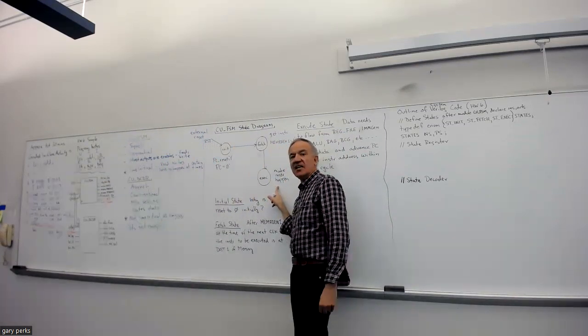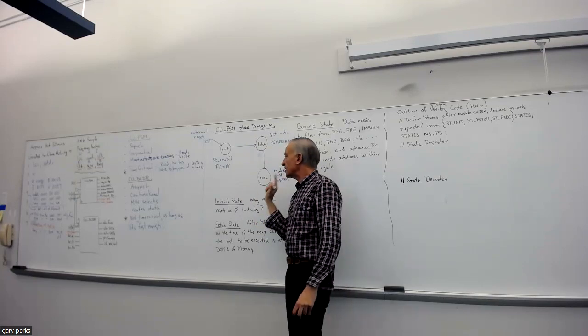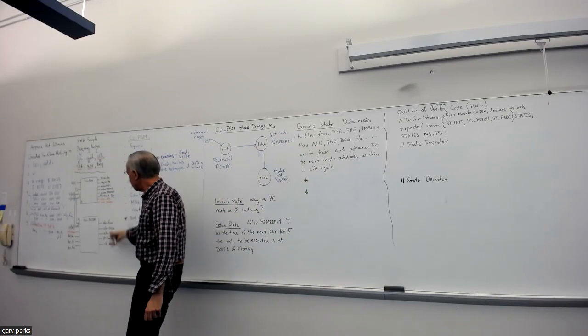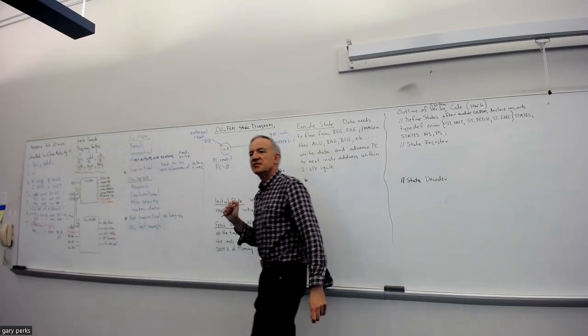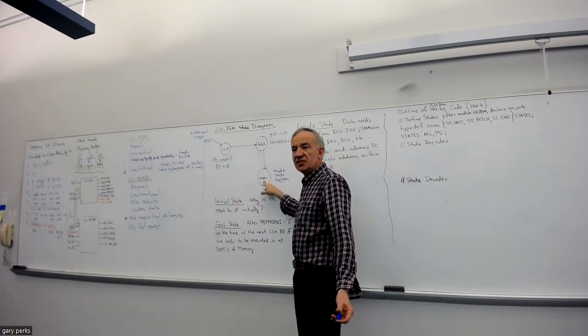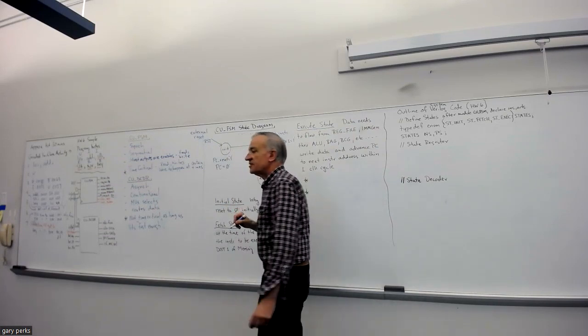Because in the execute state, that's where we're going to make it happen by these outputs, controlling the muxes, controlling when reads and writes happen. And then once you're done executing an instruction, you go back to fetch to get the next instruction.